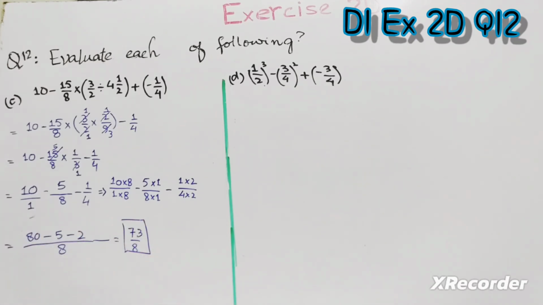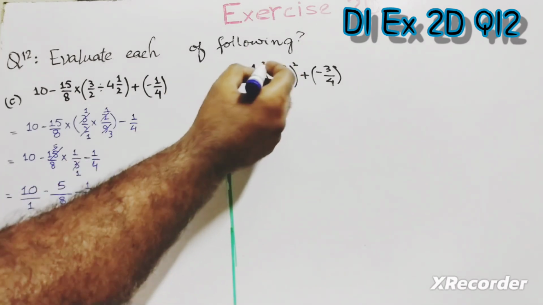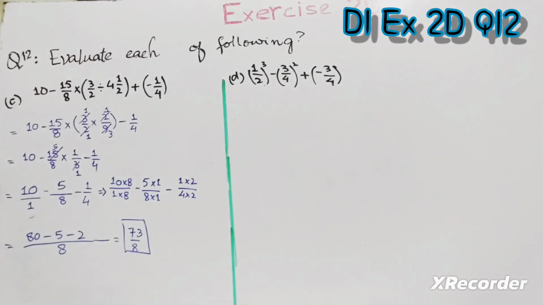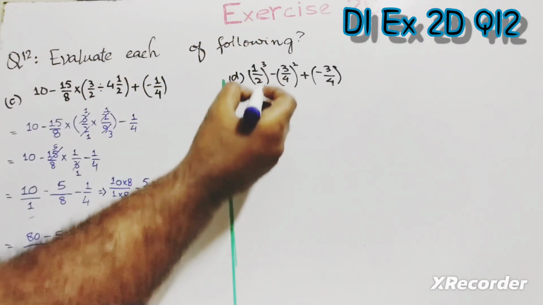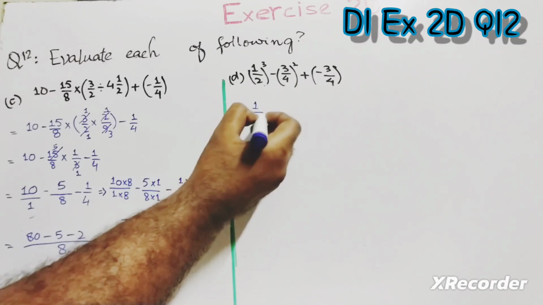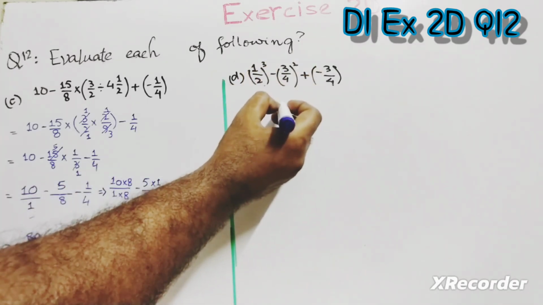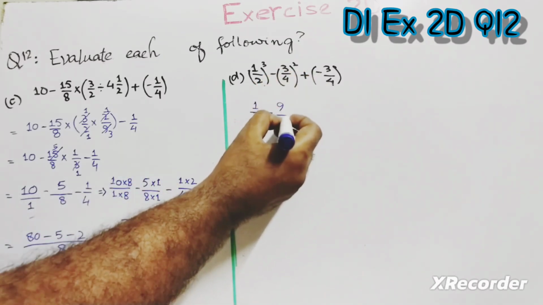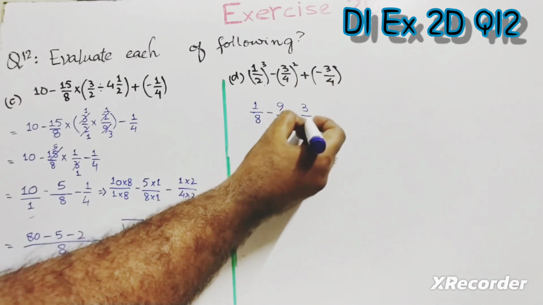Moving further, part D. There is a cube in this bracket, so we have to apply this cube onto both the values. So cube of 1 is 1, cube of 2 is 8, less square of 3 is 9, square of 4 is 16, plus minus 3 upon 4.